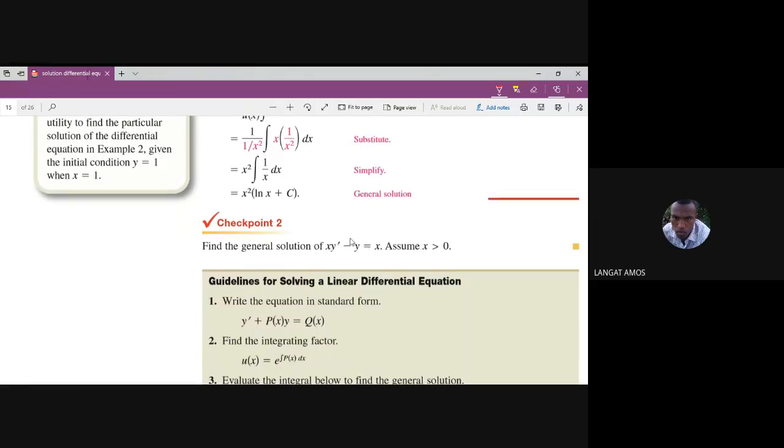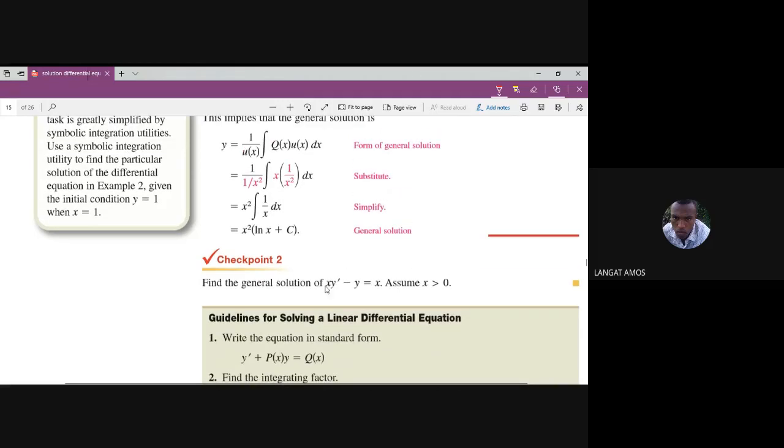What we were talking about: you first write in the standard form so that you can identify P(x) and Q(x). Then after writing in standard form, you find the integrating factor.